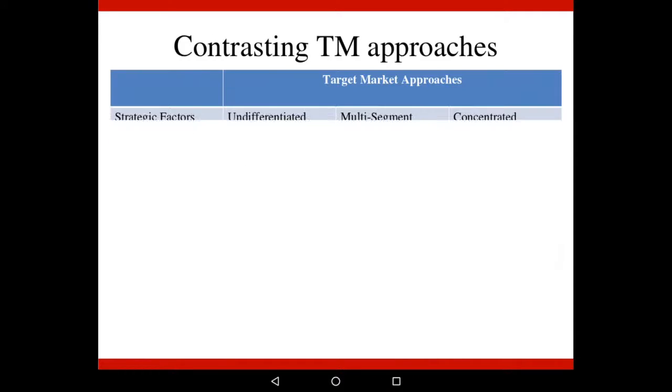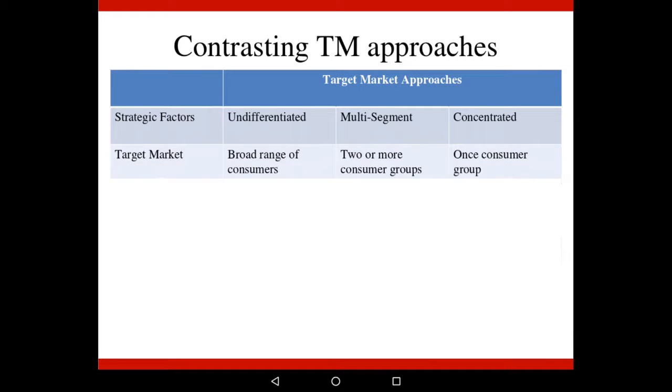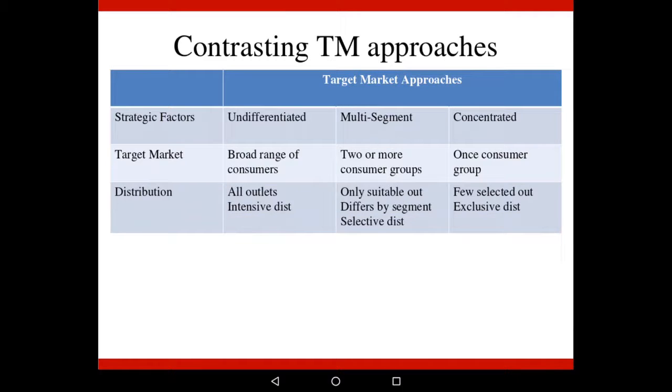Okay, so if we contrast the different target market approaches, and we look at the strategic factors, and we look at undifferentiated, multi-segment, and concentrated, what does it look like? Well, from an undifferentiated perspective, the target market is a broad range of consumers. It's everyone. Multi-segment is two or more, and concentrated is one consumer group. From a distribution perspective, when you use undifferentiated targeting, you will try and put your product in all outlets. You use intensive distribution.